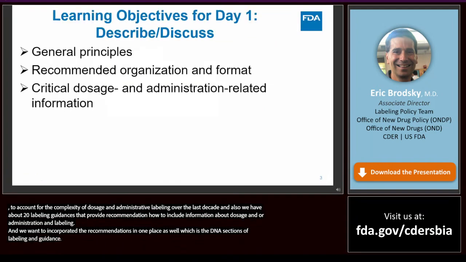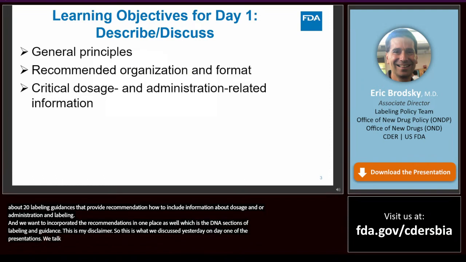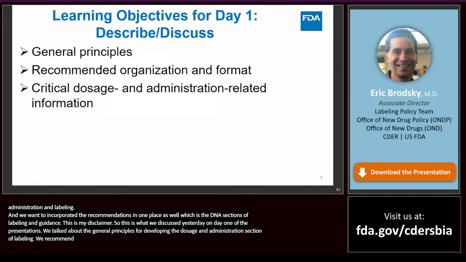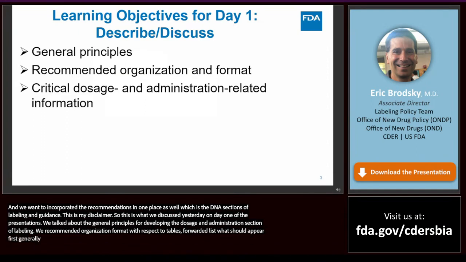So this is what we discussed yesterday on day 1 of the presentations. We talked about the general principles for developing the dosage and administration section of labeling, recommended organization and format with respect to tables and bulleted lists, about what should appear first generally in the section and what potentially could appear later, and critical dosage and administration related information that appears prior to the fundamental dosage and administration.